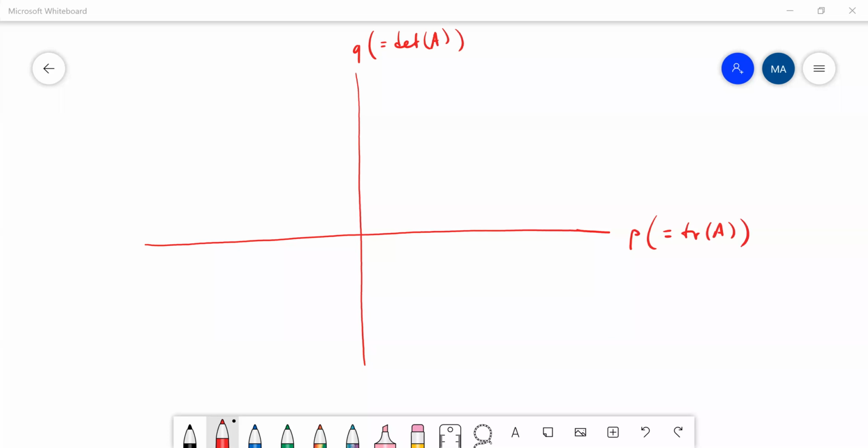Now we have something like this, right? What is that? This is P squared minus 4Q. Because if we are on this side, if P squared is greater than 4 times Q, then the roots are real. Then if it is less than that, the roots are complex, okay? Now, what do we have? Here we have centers.